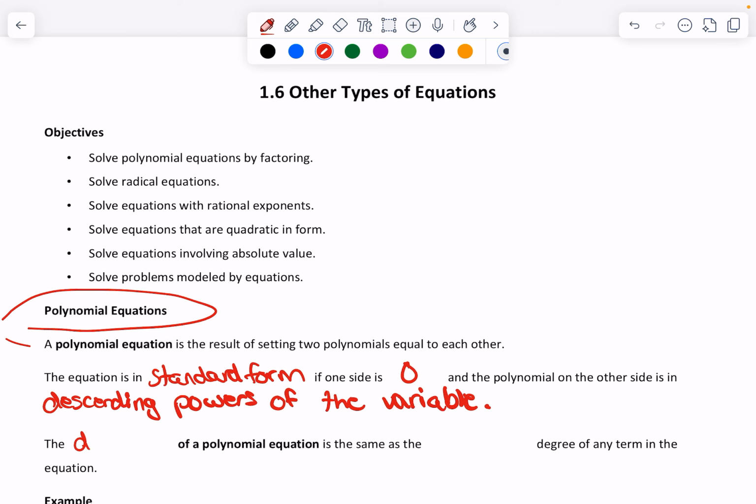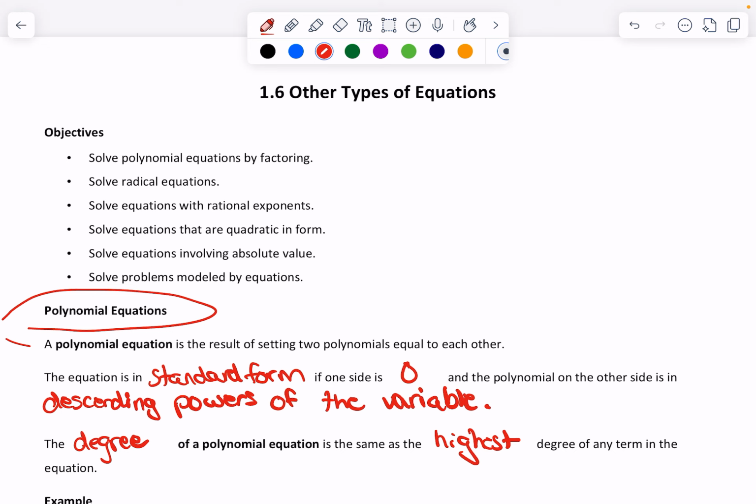The degree of a polynomial equation is the same as the highest degree of any term in the equation. The word poly means many.